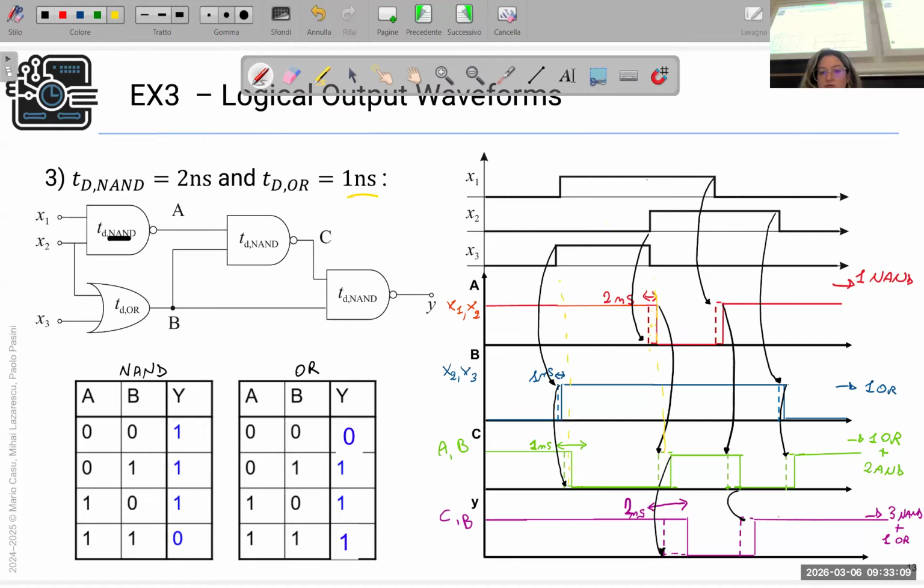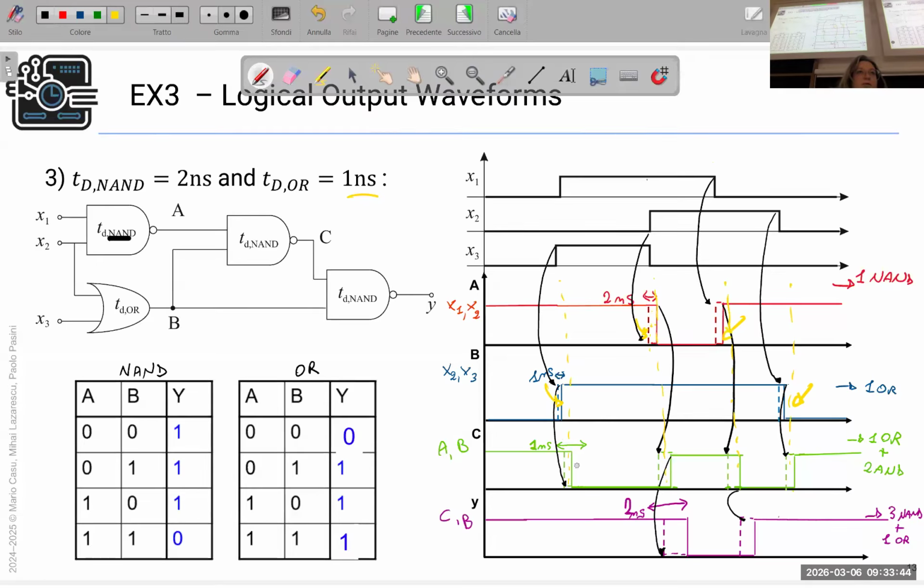Here there is the transition of A. Here there is a transition of A. And here there is a transition of B. But which transition makes a changing in C? This transition here gives a transition here. There is a transition here, here, and here.